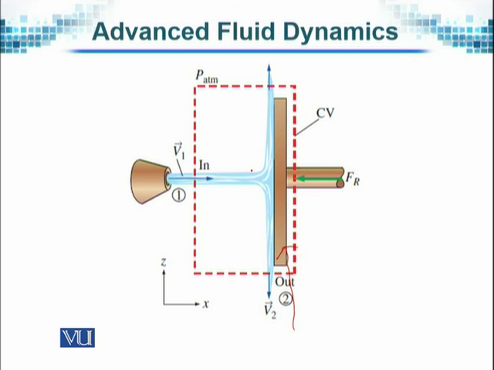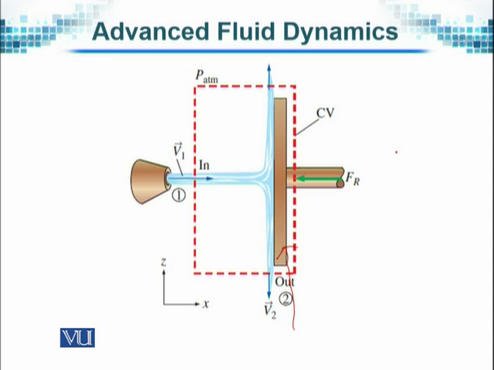The question is, we want to determine the force so that this plate should not move from its position, and it should stay there, not moving in a horizontal direction. That is, the force of the fluid should not be able to disturb its fixed position.